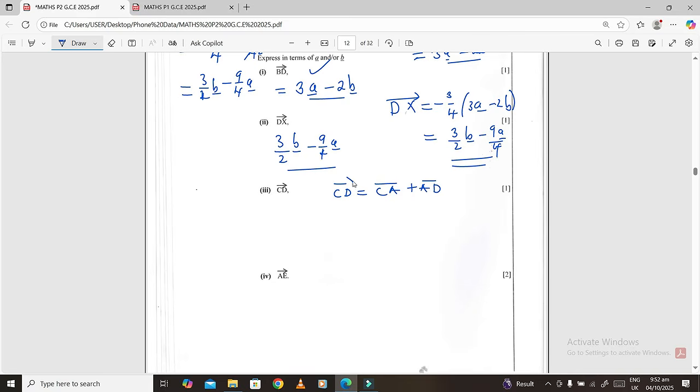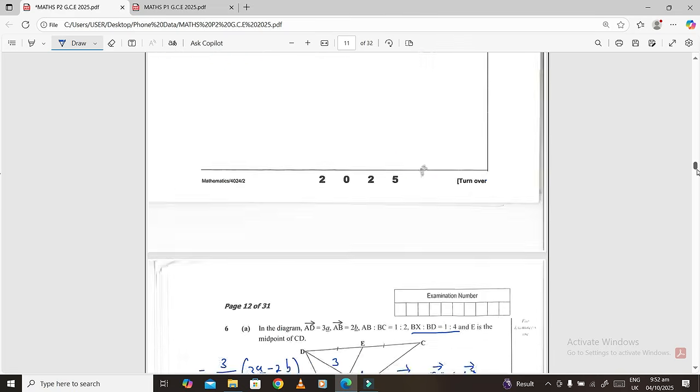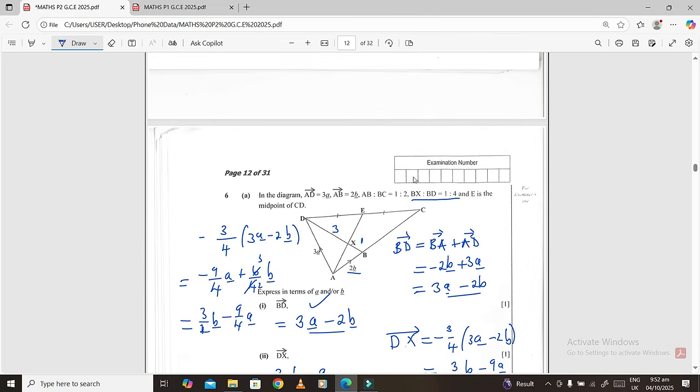So this is how the diagram looks. CD is equal to CA plus AD. Now here, we don't have BC. But using the ratio which is here, you can tell that BC is a 4B.